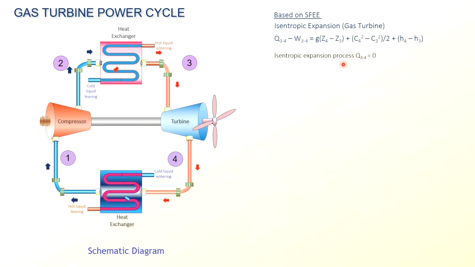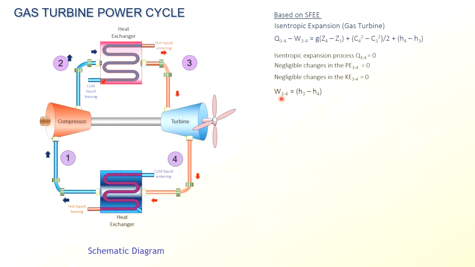Isentropic expansion, so Q is 0, that means no heat flow, with negligible changes in potential energy and negligible changes in kinetic energy. Then what remains is the work from 3 to 4.